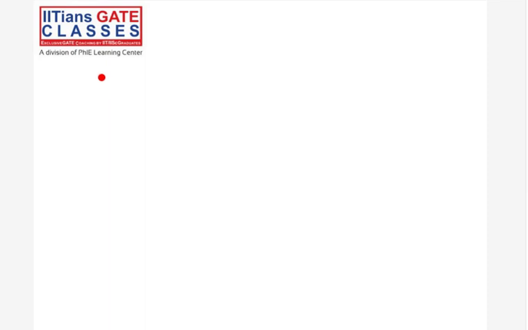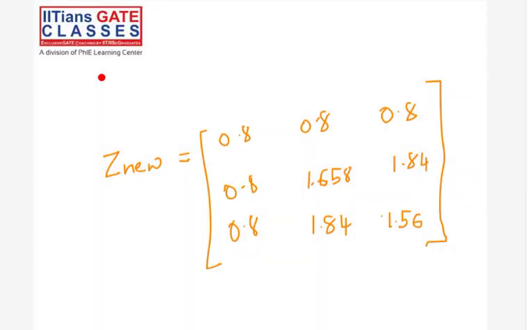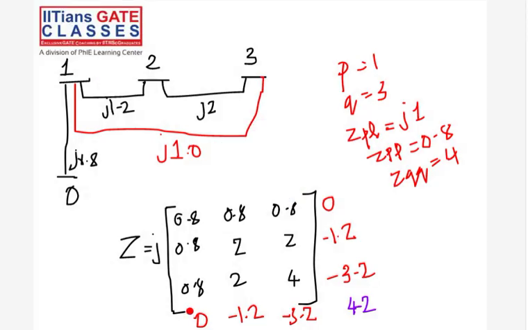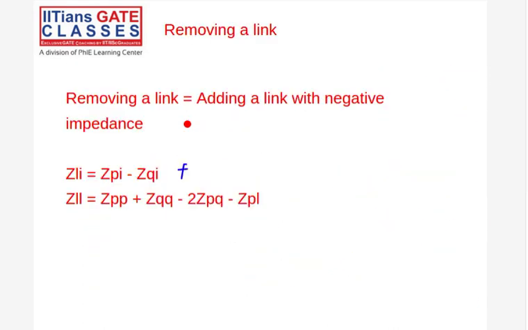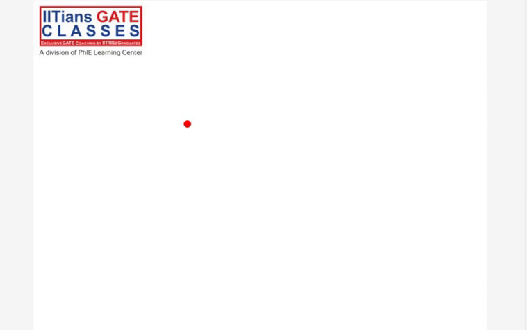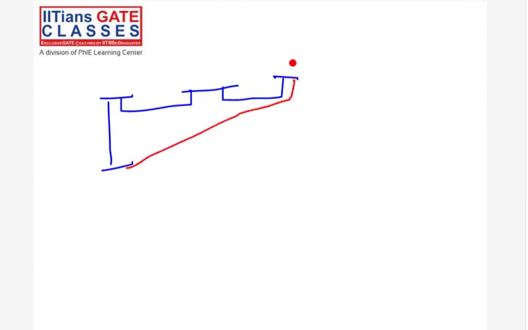Okay, so one more thing over here. Suppose instead of this J1 being like this, suppose you have an existing grid, and the new element that you are adding is between ground, suppose.